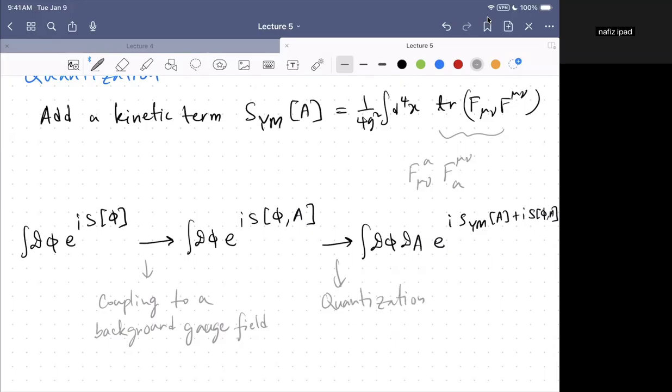You can also refer to it as promoting the background gauge field to a dynamical gauge field.